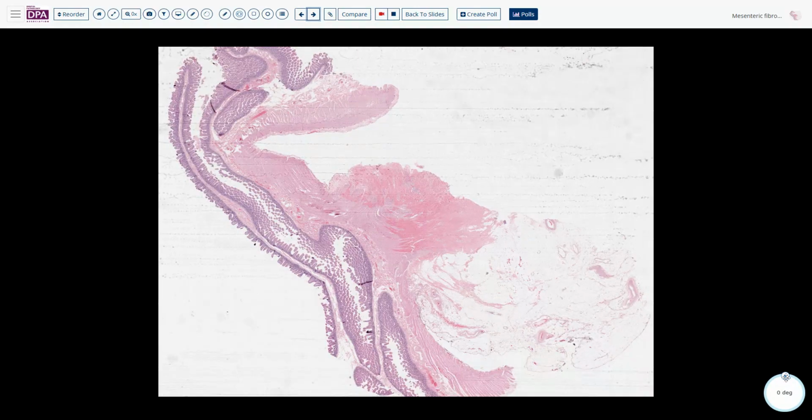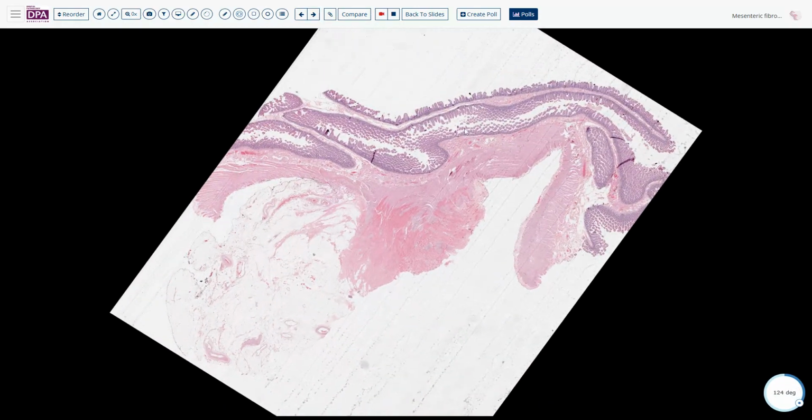Let's see some examples. This is small colon, and we can see the normal muscle layer, muscularis mucosae, and muscularis propria. Then we can see this pinkish spindle cell proliferation infiltrating even into the fat and into the muscle.